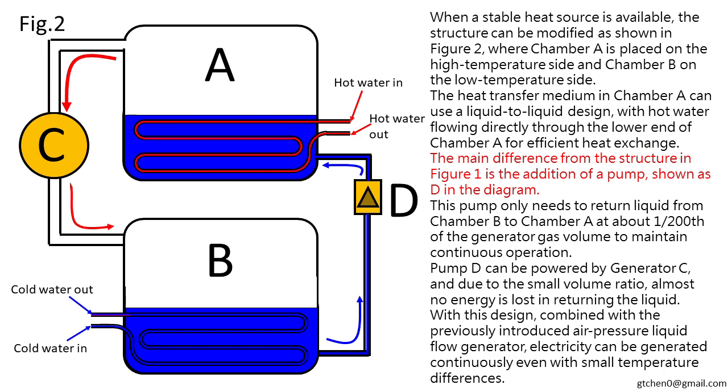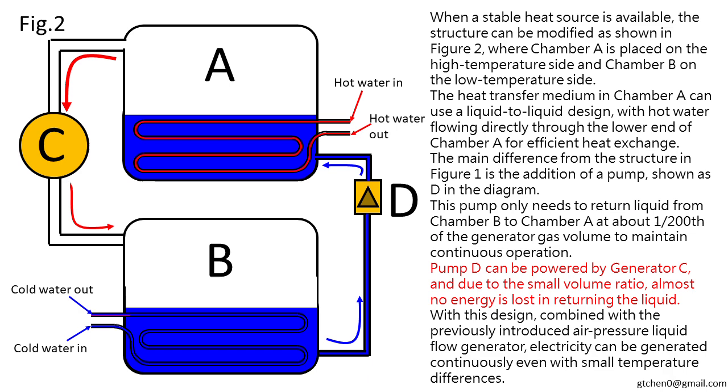The main difference from the structure in Figure 1 is the addition of a pump, shown as D in the diagram. This pump only needs to return liquid from Chamber B to Chamber A at about 1/200th of the generator gas volume to maintain continuous operation.